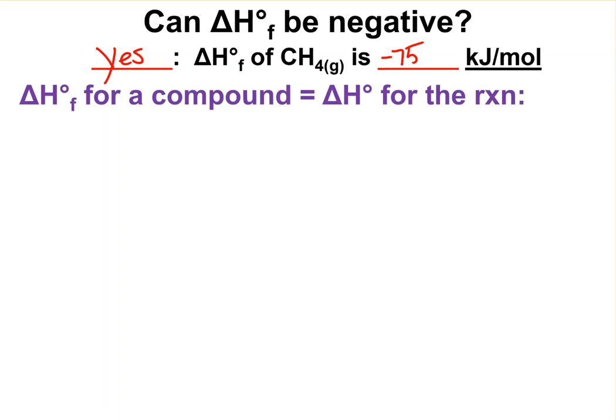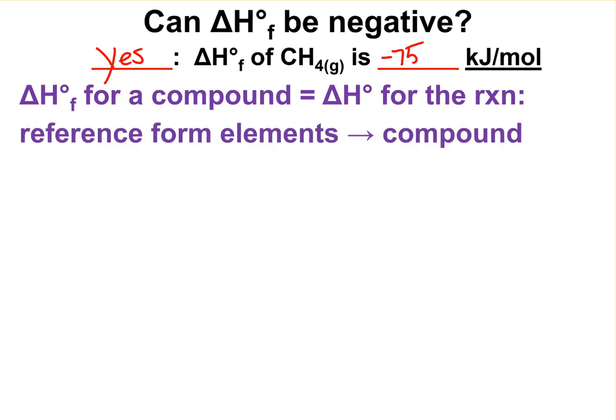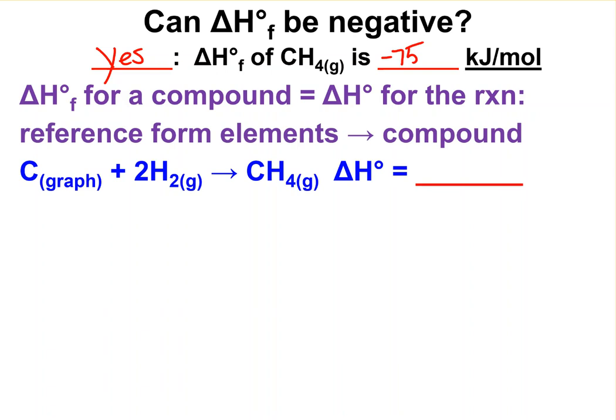Okay. Here is kind of the definition again. So here is the reaction. Again, this is that definition, the equation that defines it. If I'm interested in CH4, these are the reference form elements, and this is the compound that I'm interested in.